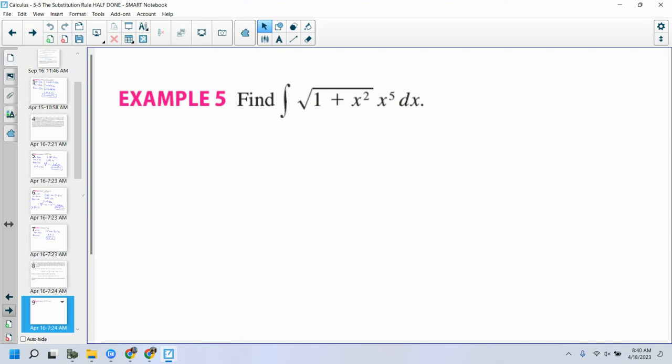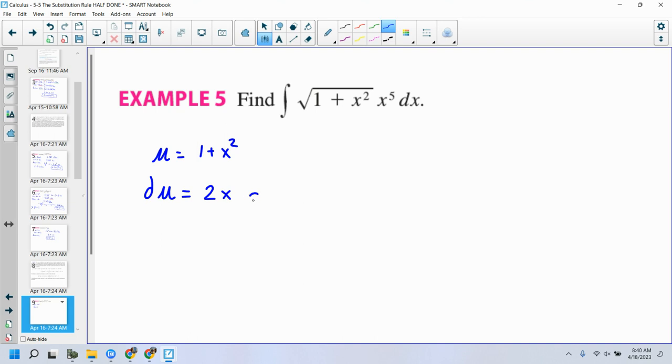What do you think my u is going to be? 1 plus x squared, right? Okay, so we're getting better at identifying what the u is. Okay, so what is du? 2x dx.